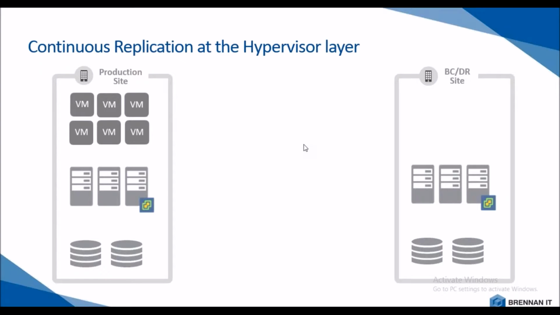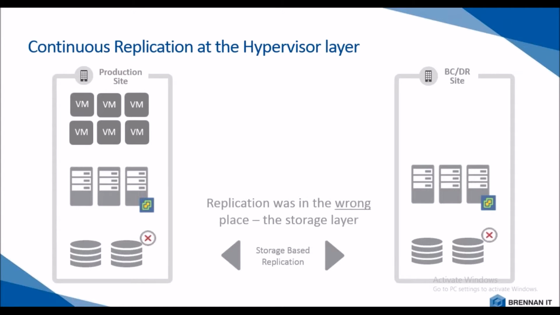So let's just look at how Zerto works. In a traditional replication disaster recovery software, they all effectively have one objective, and that's to get servers and the data from a production site to a secondary site. And that's usually executed by storage-based replication, or SAN replication, or snapshotting technology. And the issue really is that over time, the replication was happening in the wrong place.